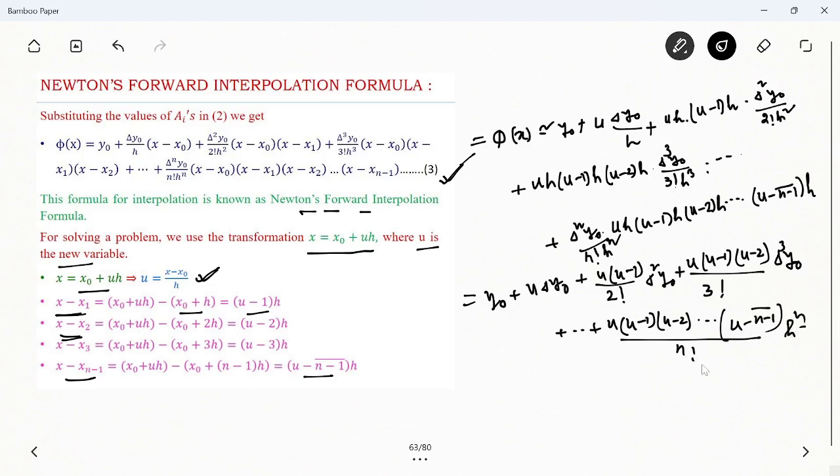So this is the formula, where u can be written as x minus x0 by h. So this is the procedure.